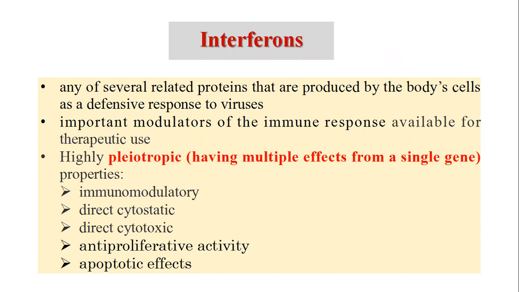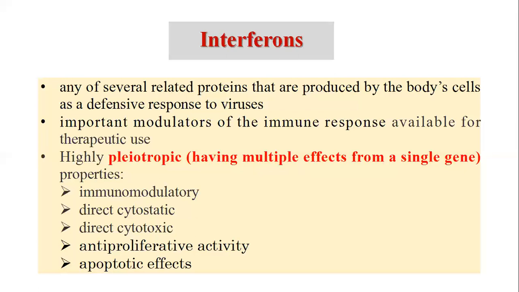Interferons are any of several related proteins that are produced by the body's cells as a defensive response to viruses. They are very important modulators of the immune response available for therapeutic use.